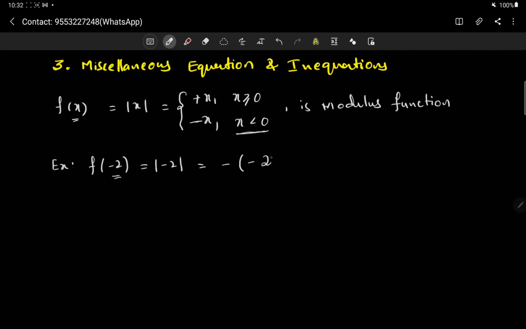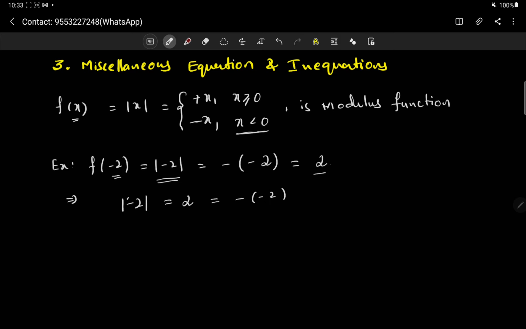Minus of minus 2 you have to write, then the result becomes plus 2. Okay, so see here, modulus of minus 2 is plus 2. That same plus 2 can be taken as minus of minus 2.